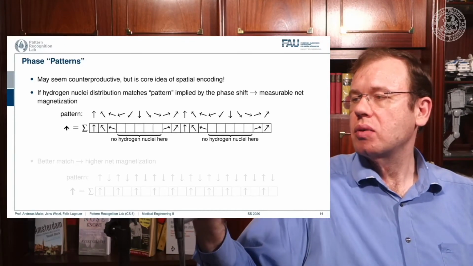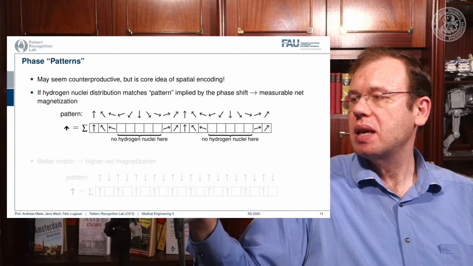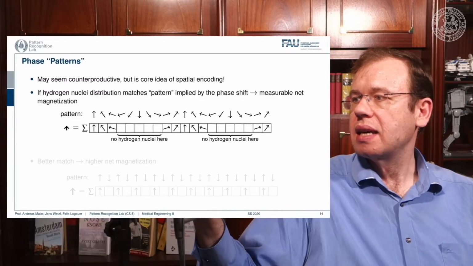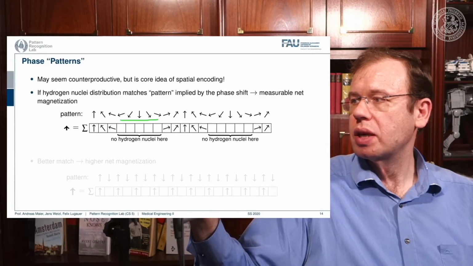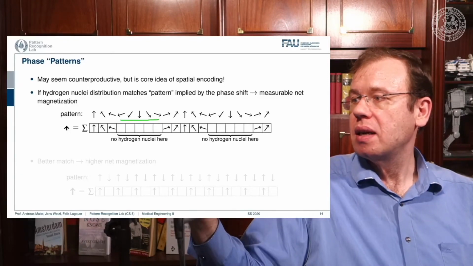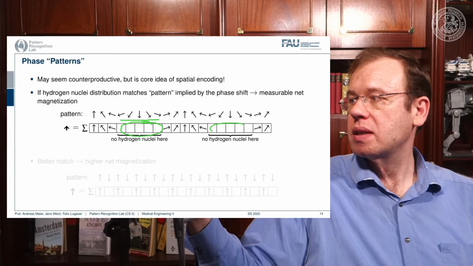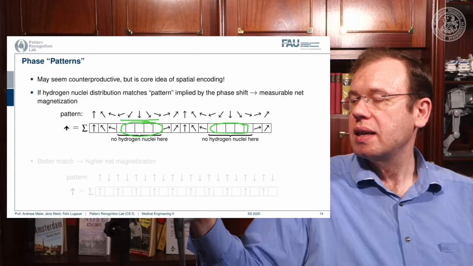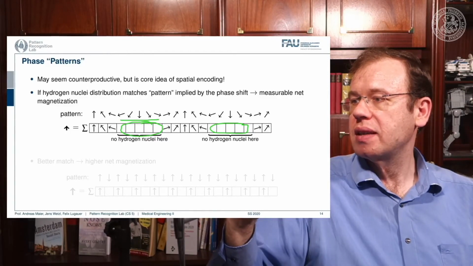So you could argue that if I have a pattern, then I can interpret it as tilting them into a different direction. And if I would not have any hydrogen nuclei here, then I would not measure this part of the signal, right? So I would only measure the hydrogen nuclei that are essentially in phase here.